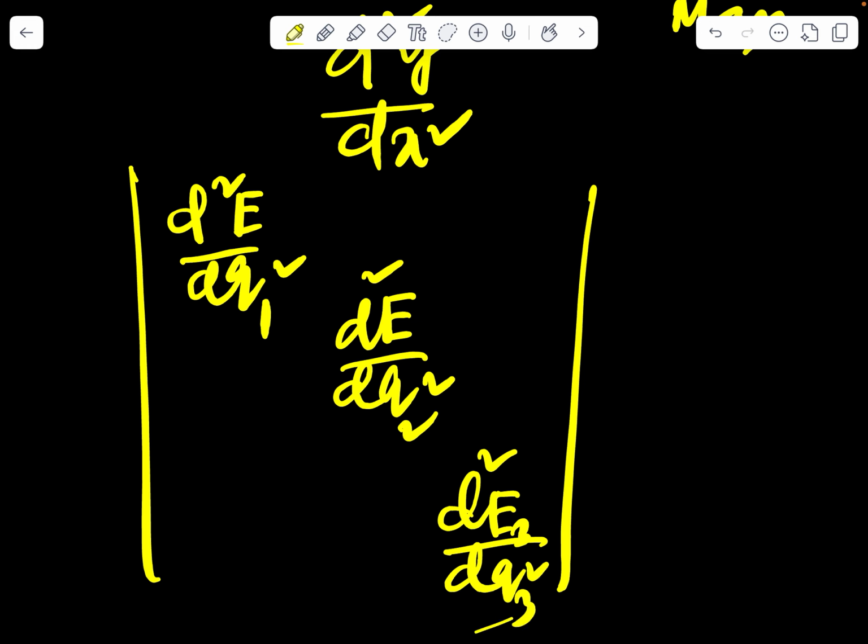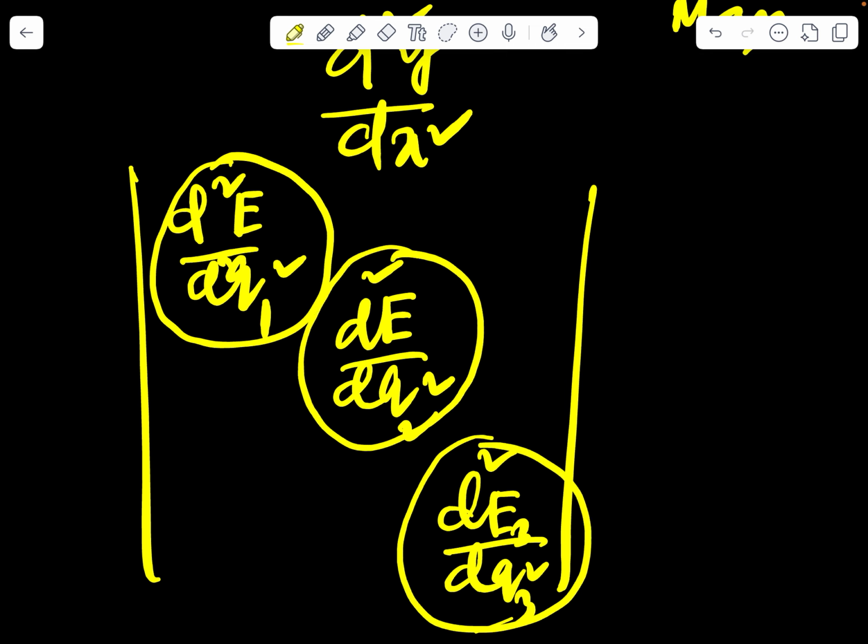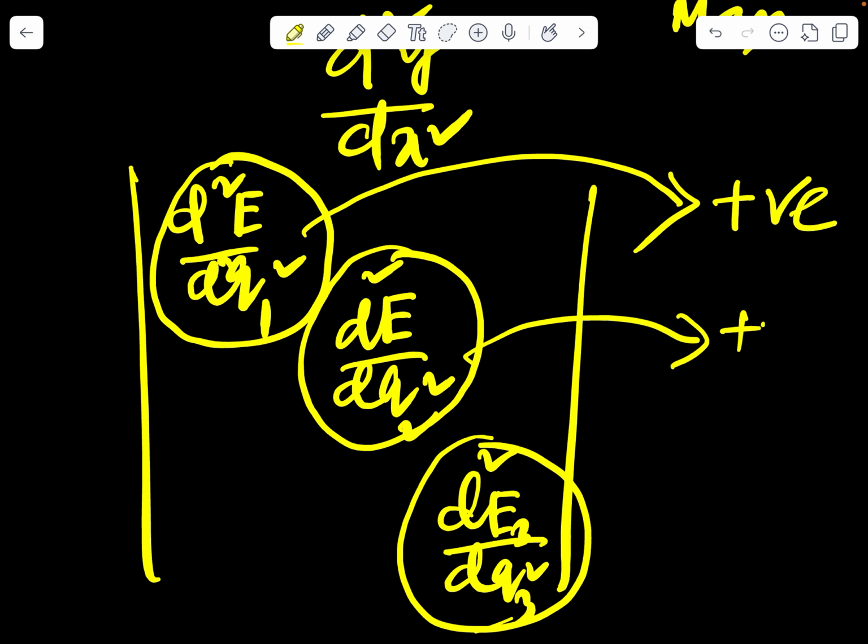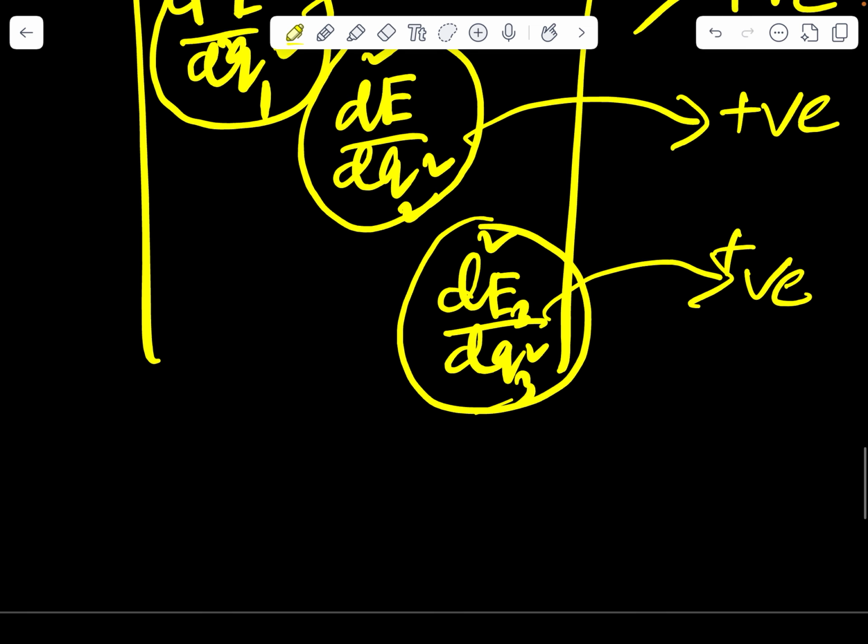Now this matrix will have different matrix elements like this one, like this one, like this one, and if this one corresponds to a positive value greater than 0, this one corresponds to a positive value greater than 0, this one corresponds to a positive value greater than 0, we call that this is really a minimum.